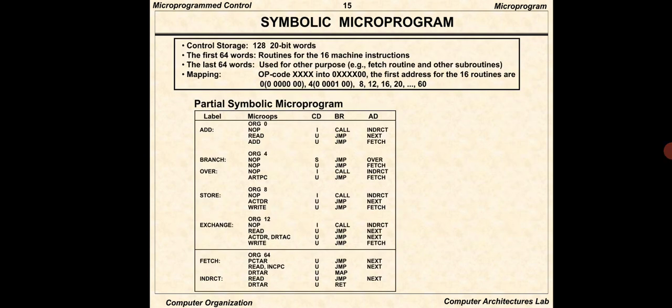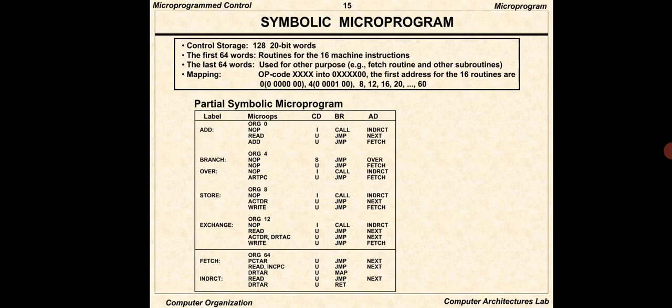If you look at the control storage, this memory has 128 locations, and each location is a 20-bit word. The first 64 words are routines for the 16 machine instructions. The last 64 words are used for other purposes, for example fetching routines and other subroutine programs.